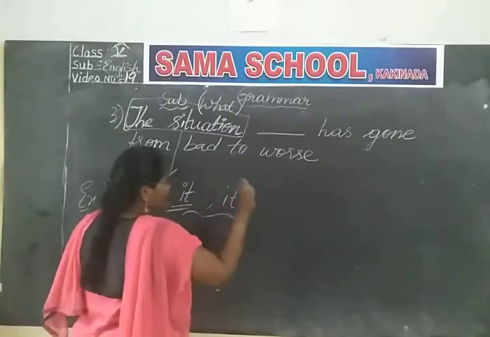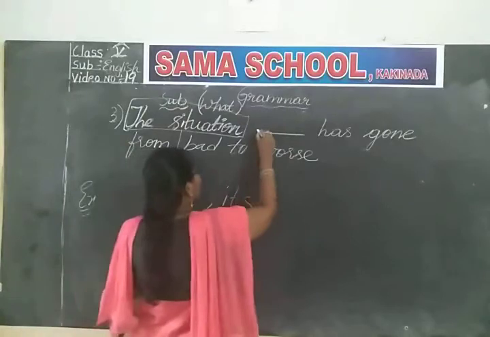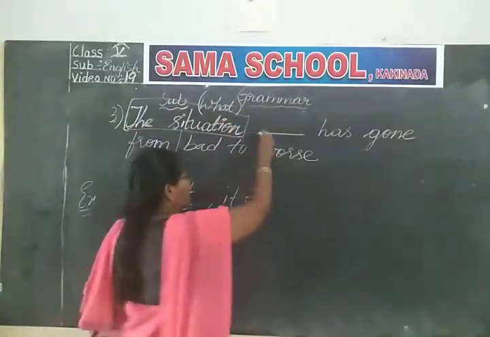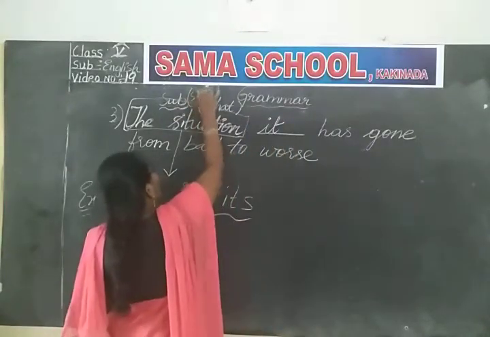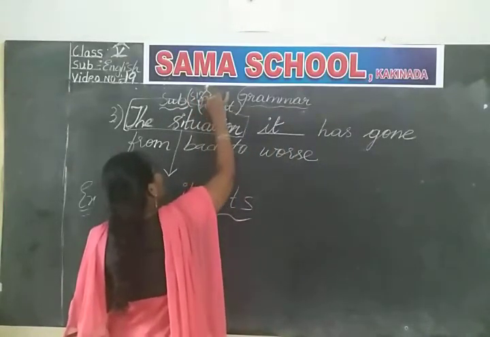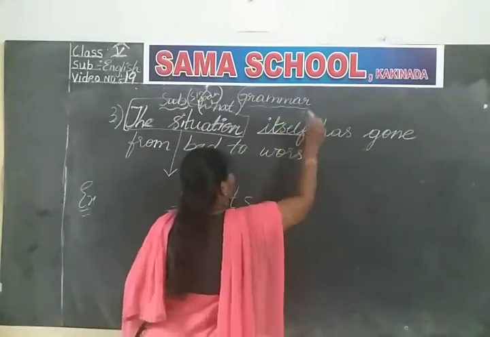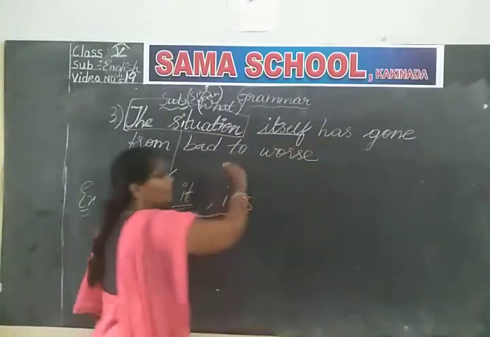Here, the situation is about only one incident. So we have to use the word self. It is a singular noun. That's why we have to use it plus self: itself. The situation itself has gone from bad to worse.